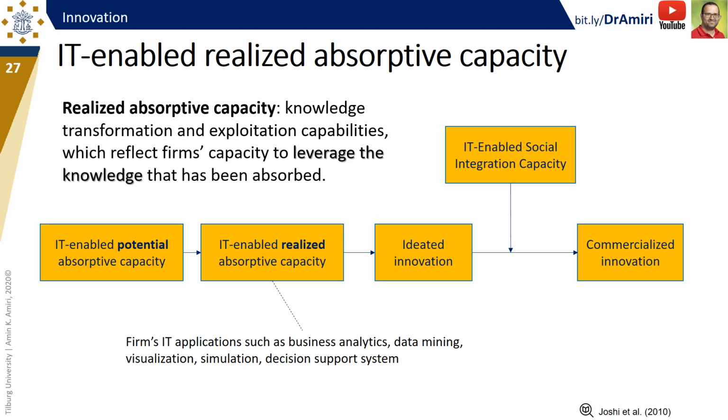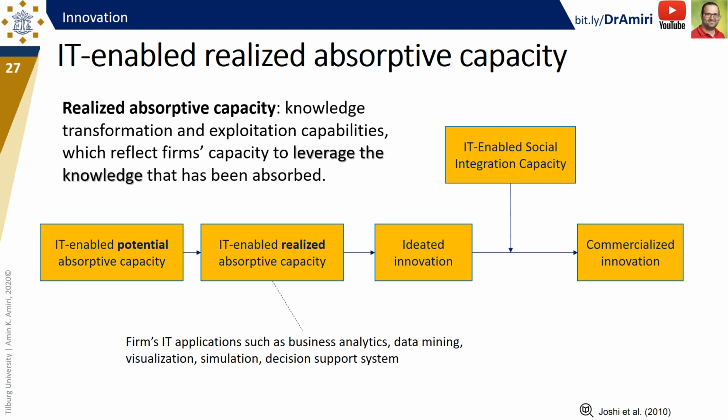The realized absorptive capacity is the degree to which the firm has the capability to exploit the knowledge and to transform the knowledge to be turned into ideas that can be leveraged by the organization.